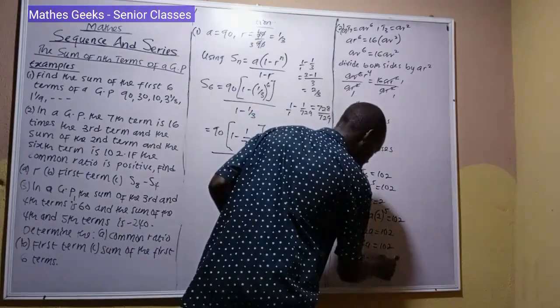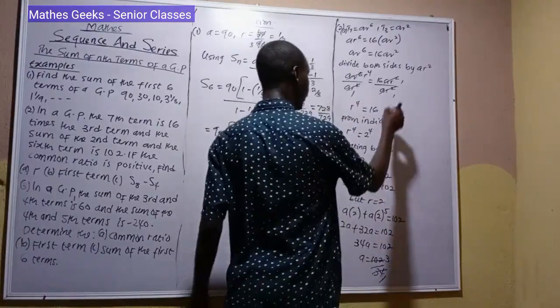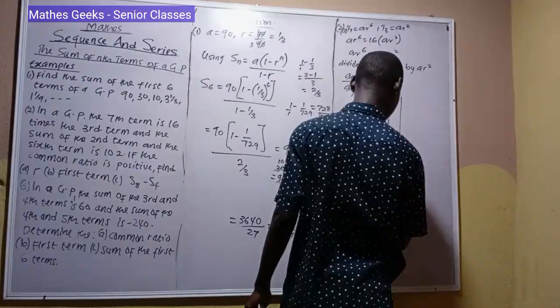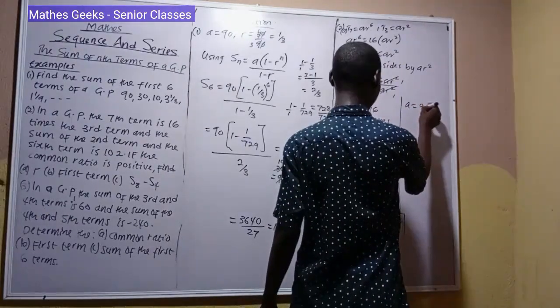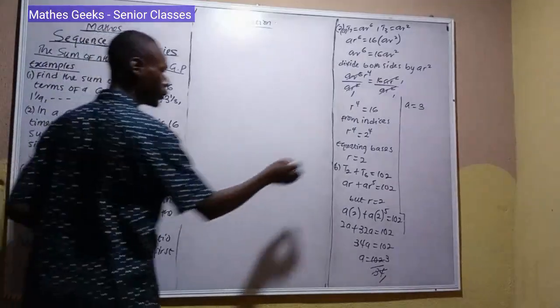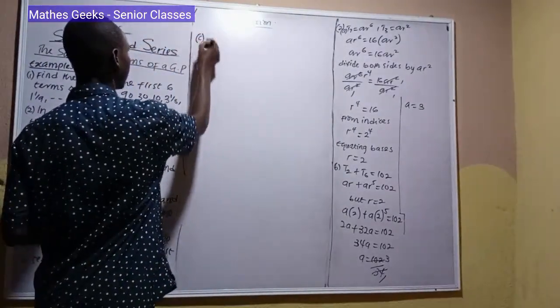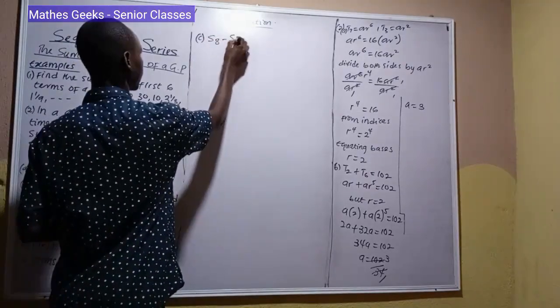34 goes into 102 three times. Therefore a is equal to 3. So we've gotten B, which is a equals 3. So let's get C here. C is S8 minus S4.